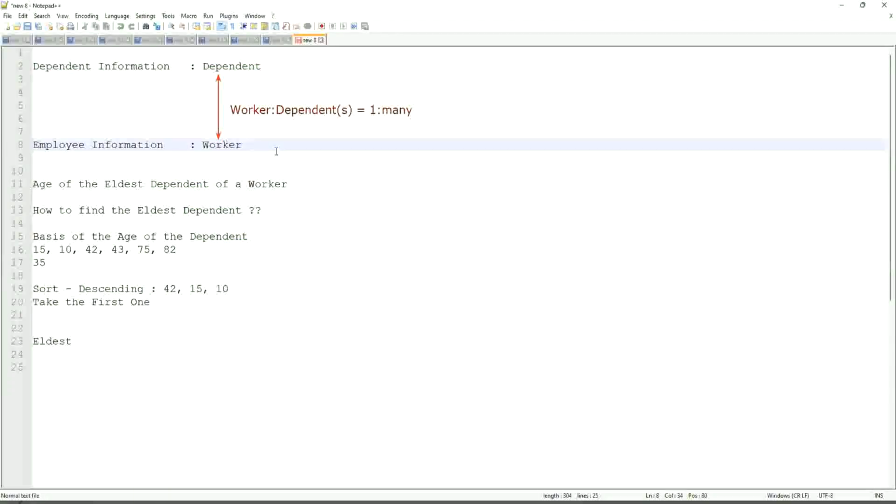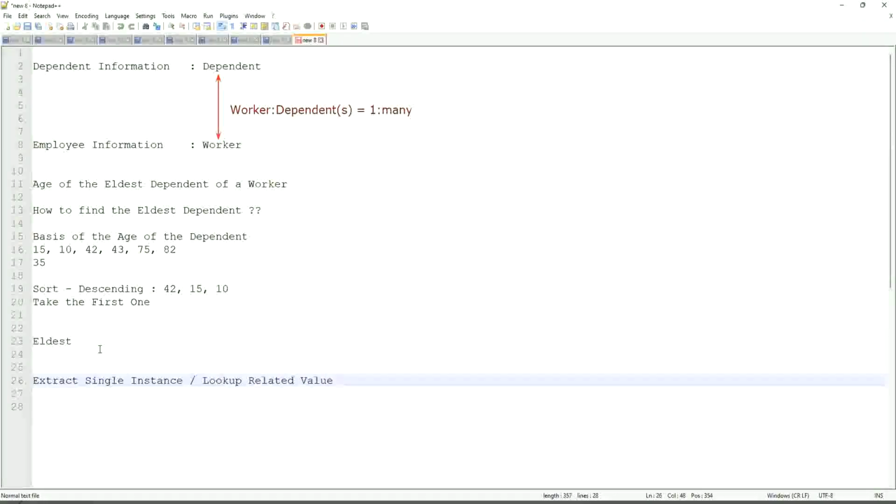But does the worker business object have the information about the dependent's age? The answer is no. That is why we are going to use a combination of calculated fields that is called extract single instance. Right. And look up related value.